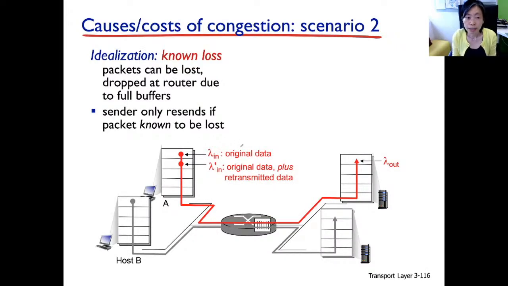To be more realistic, let's assume the sender does not know whether the buffer space in the middle here is going to be free or full. So we'll have packet loss in this case, because when the packet arrives at the full buffer, it's going to be dropped. And in that case, the sender will have to resend the packet. So when a packet arrives at the sender side of the transport layer, we keep a copy.